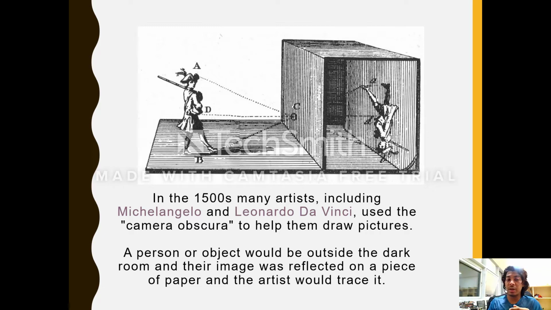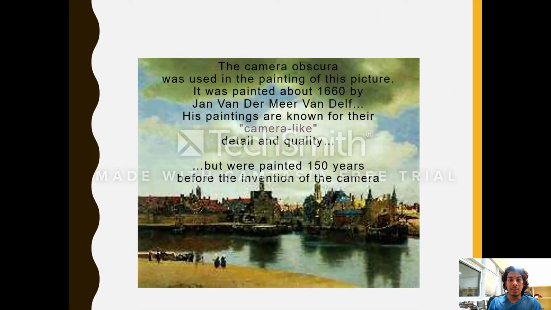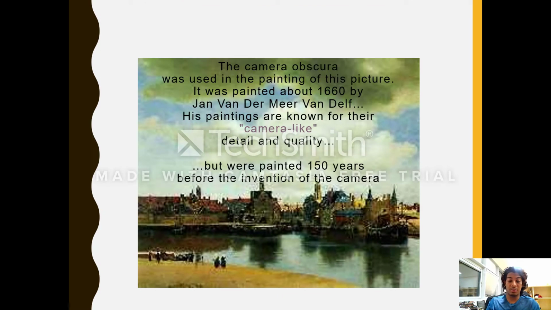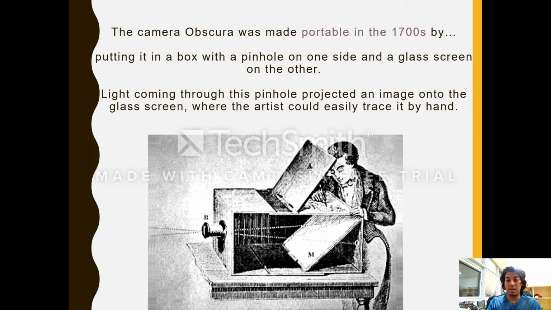So to improve your paintings, this device was really helpful because you could picture the 3D environment on a 2D surface. This was one of the paintings done in 1660 using the camera obscura, just to get better perspective. I think the artists were really using it.